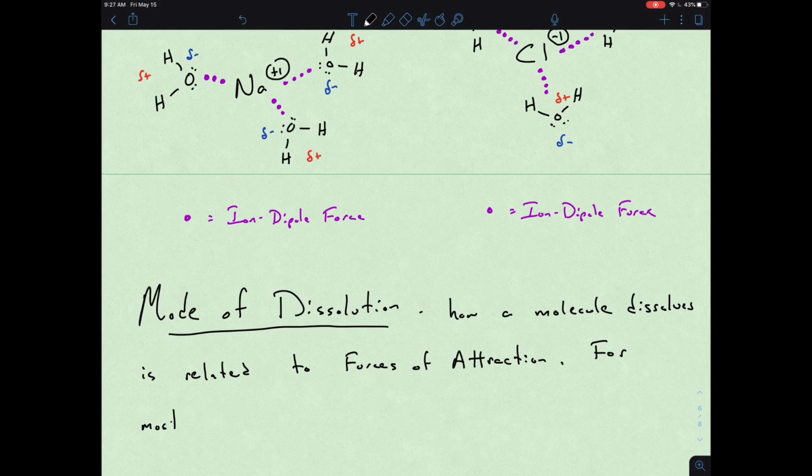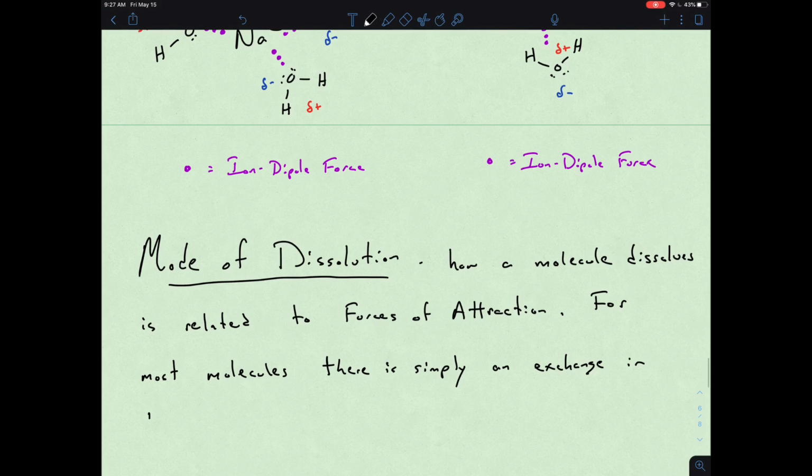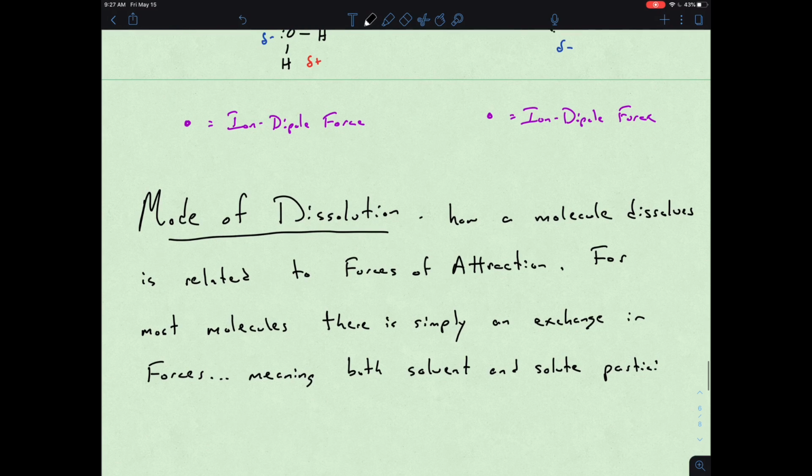For most molecules, there is simply an exchange in forces, meaning we have both solvent and solute participating in forces of attraction with one another.